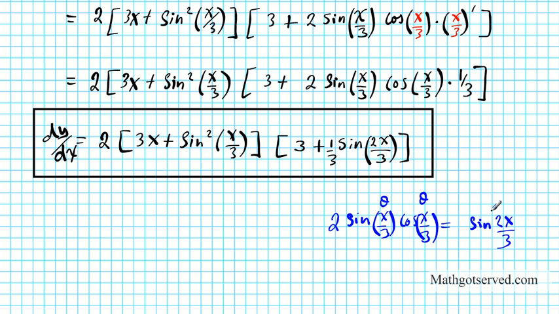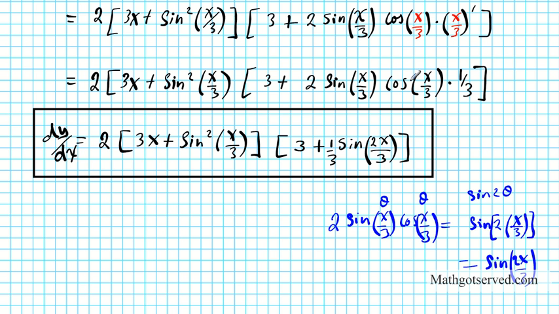It's going to become sine 2 theta, but theta is x over 3, so that's why I have 2. It's like 2 times x over 3, because x over 3 is like theta. And then when you multiply it out, you just basically have sine 2x over 3. So that's why I got sine 2x over 3.